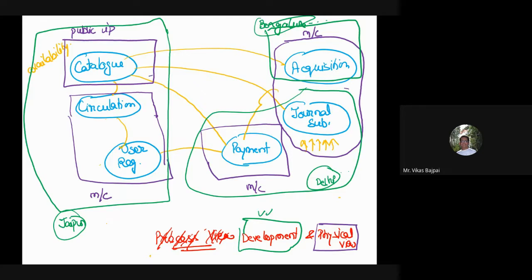We have certain users who avail the facility on a daily basis, and certain users who rarely have food there, and then they have the entire payment system. So can you come up with the 4 plus 1 view architecture for this entire system?